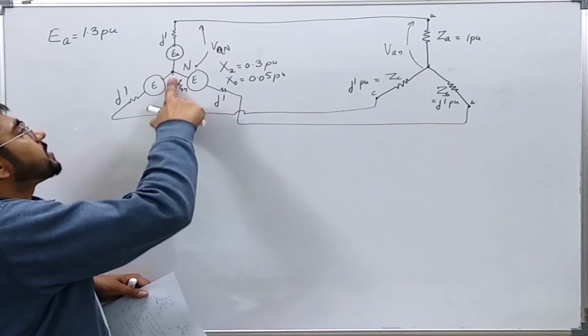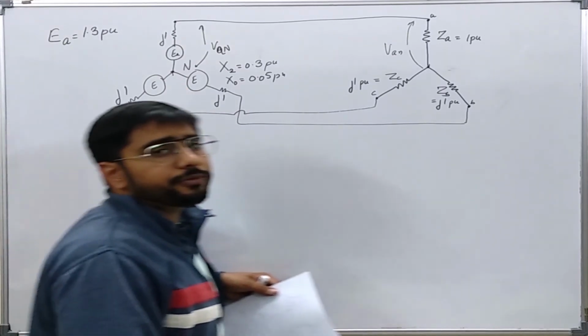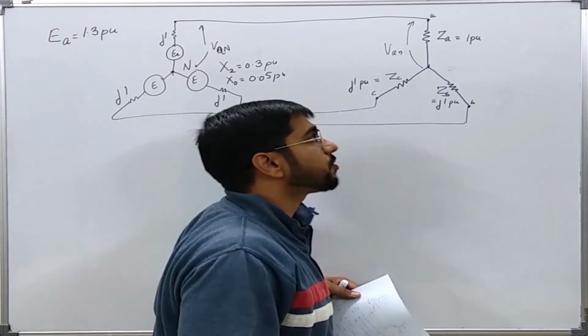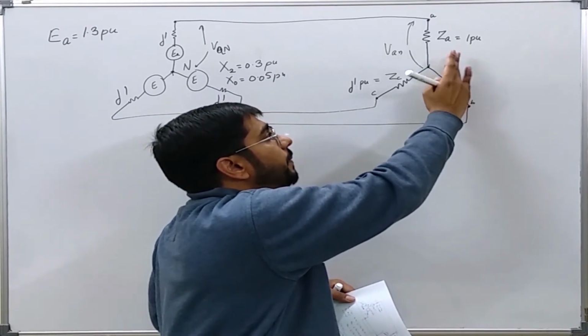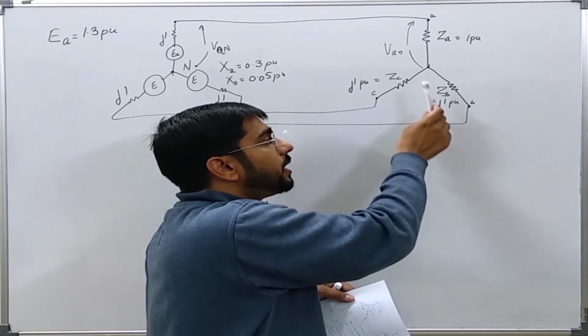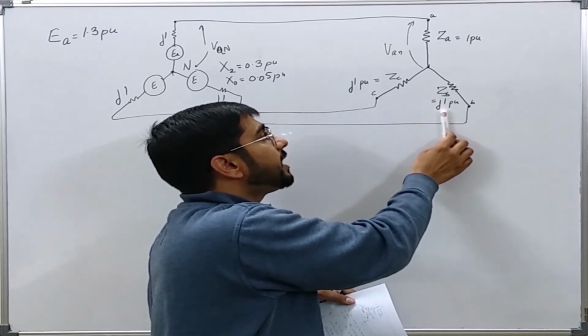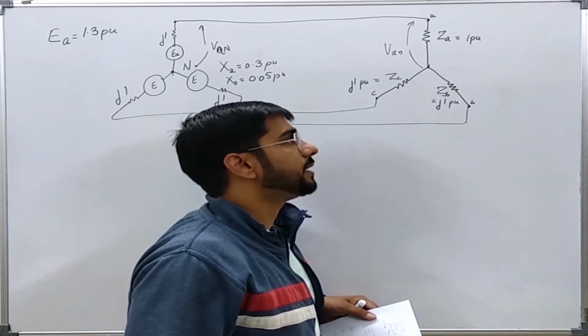Let us say it is also isolated, and we are given a star connected unbalanced load. ZA is a purely resistive load of 1 per unit, ZB equal to ZC is a purely inductive load of j1 per unit. Now we need to find various currents and voltages.